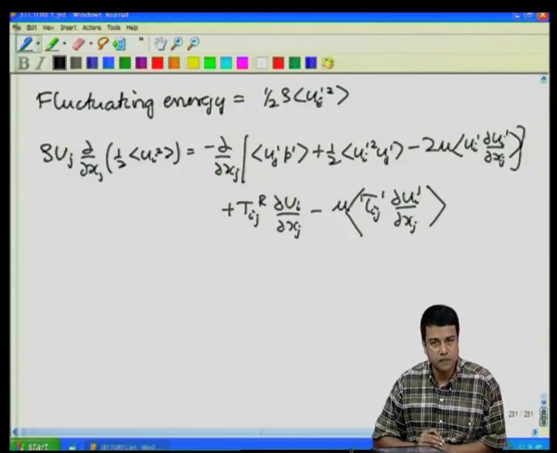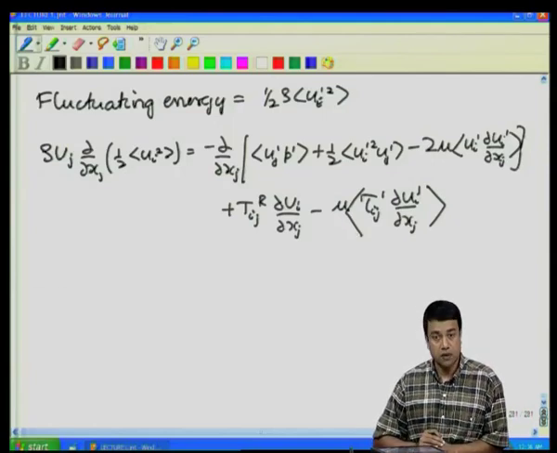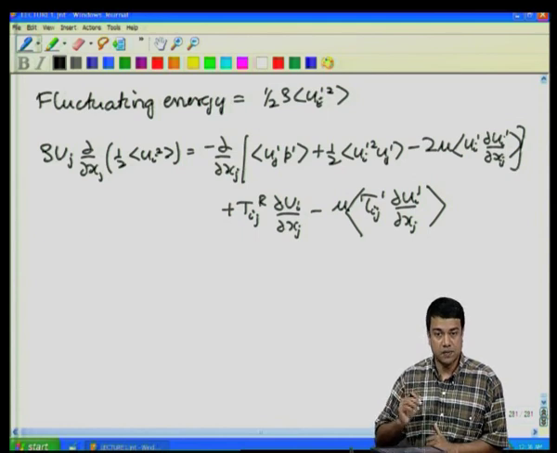So, this is the equation for the fluctuating energy, where all averages, as I said, are 1 over capital T integral 0 to capital T of dt times that quantity.